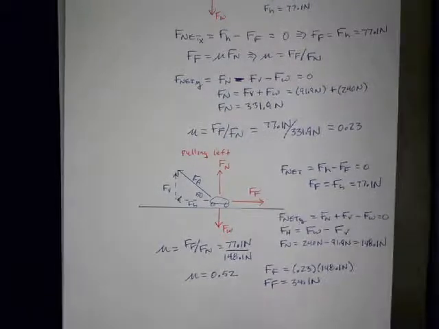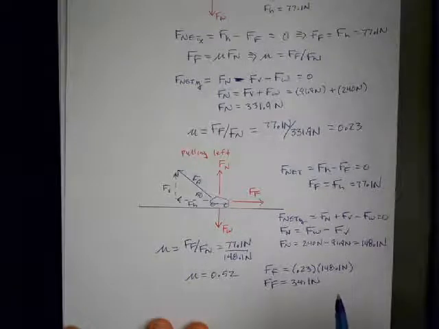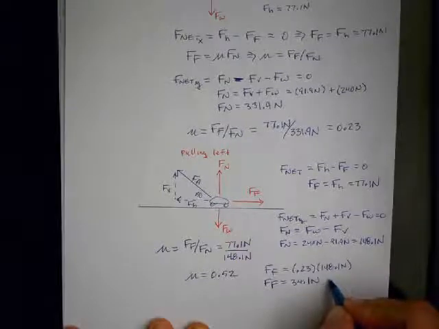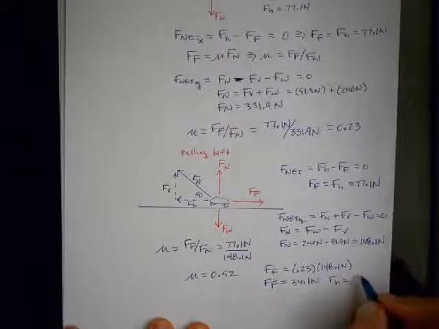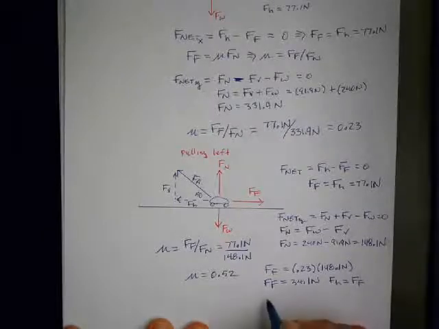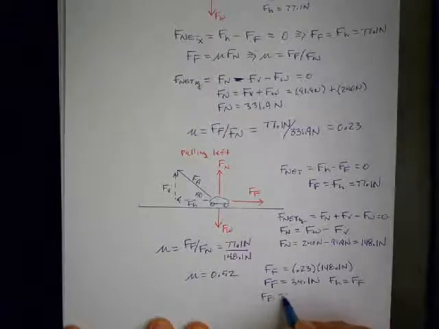And what we can then do is remember that also since we're at constant speed, FH had to equal FF, and therefore FF is FA cosine, or in other words, I can find out what FA is.